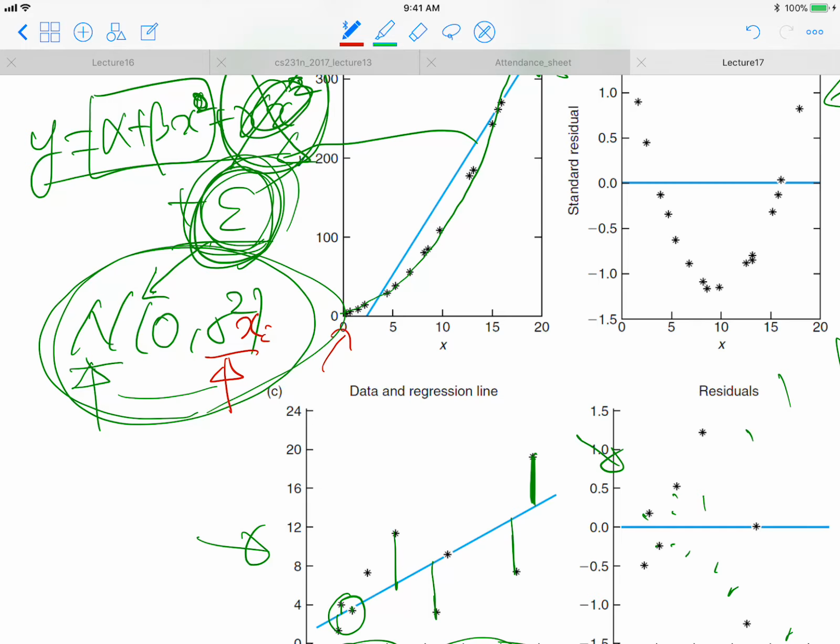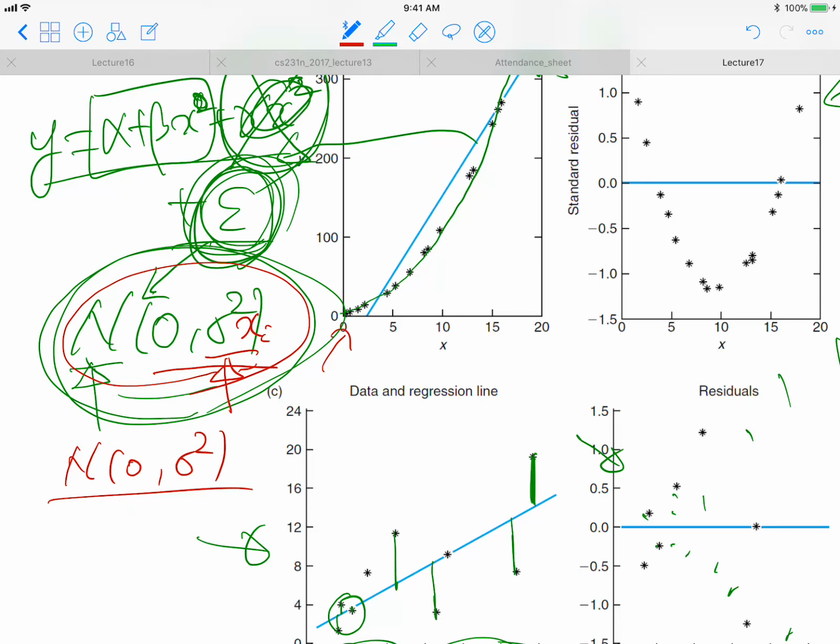But from the starting point, we do not know whether this one is true, or the default, standard linear regression one is true, or maybe the quadratic representation was true, right? So we do not know in advance.